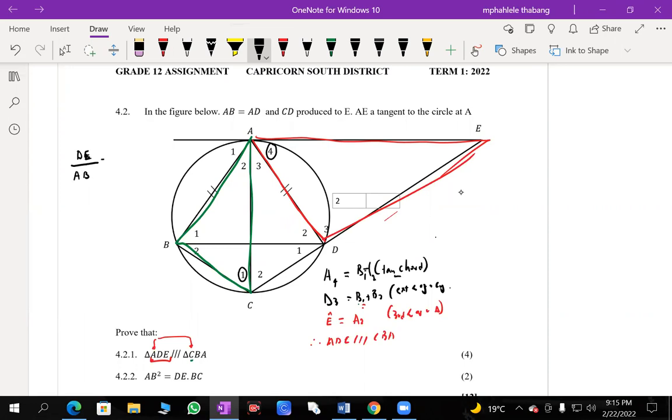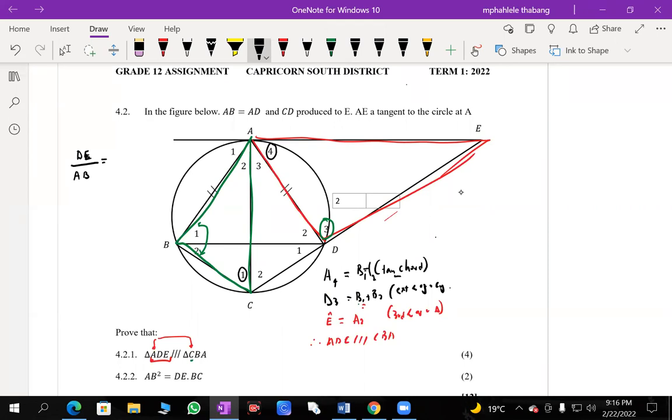You say equals to. You go back to triangle ADE. Whatever angle D3 is, you look at the angle in the other triangle: angle B. Which side is opposite to angle D3 in triangle ADE?